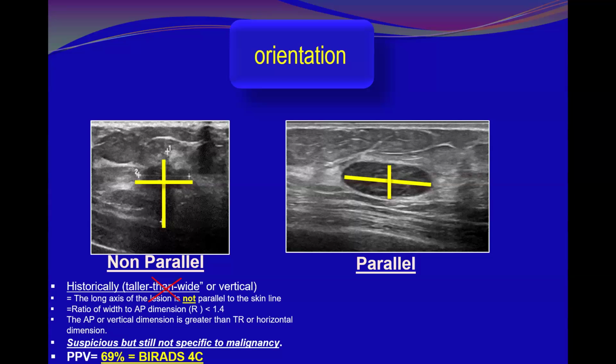So since the greatest dimension for this is the anteroposterior, it is perpendicular to the skin line. So this is a non-parallel mass, okay? This is a non-parallel mass, historically called taller than wide, or a vertically oriented mass. No more use of taller than wide or vertical.